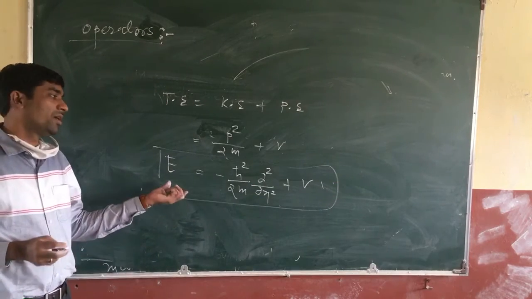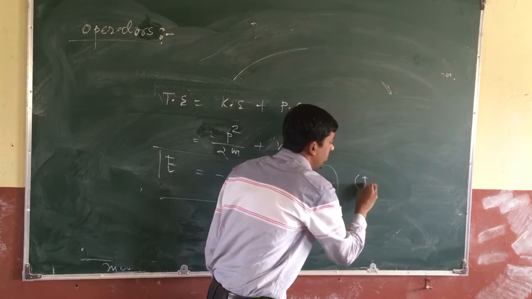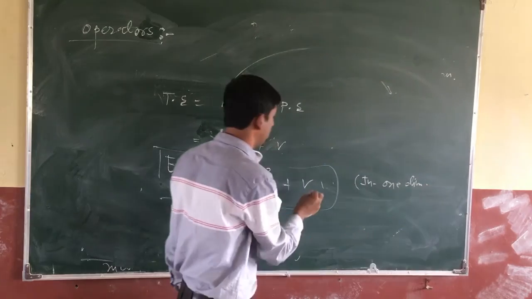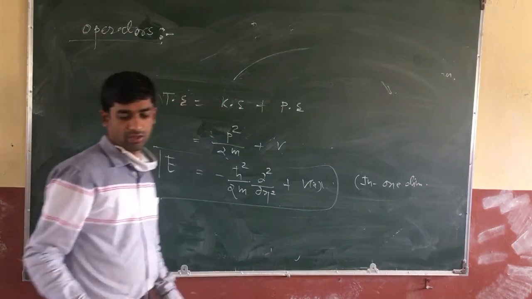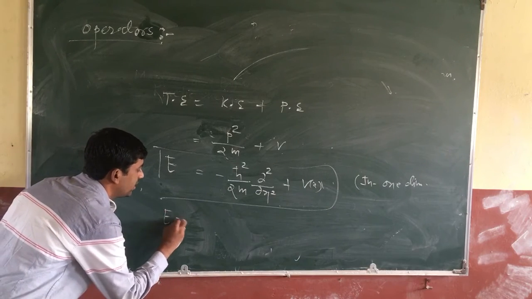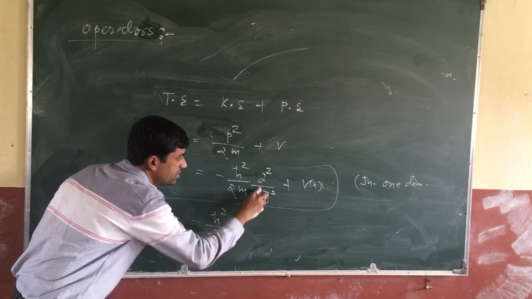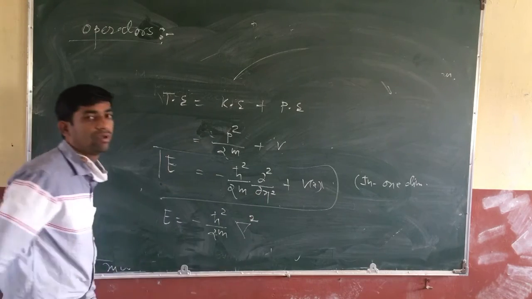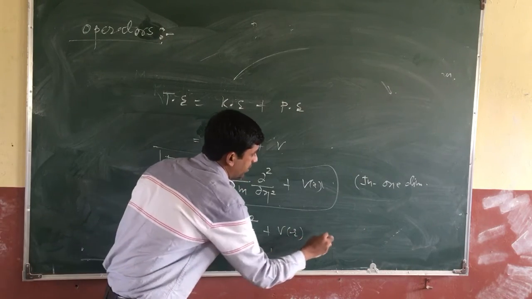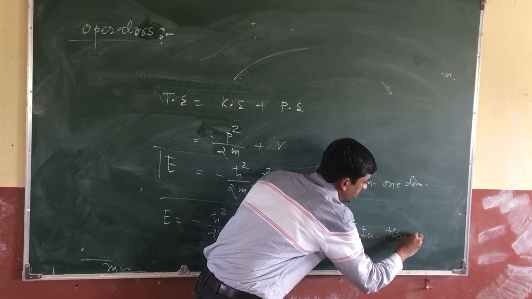This is your total energy operator. It is in one dimension, and the potential here is a function of x only. If you have to calculate it in three dimensions, you can write E is equal to minus h cross square divided by twice m, with d dx square replaced by del square, plus the potential, which is a function of r. So this is in three dimensions.